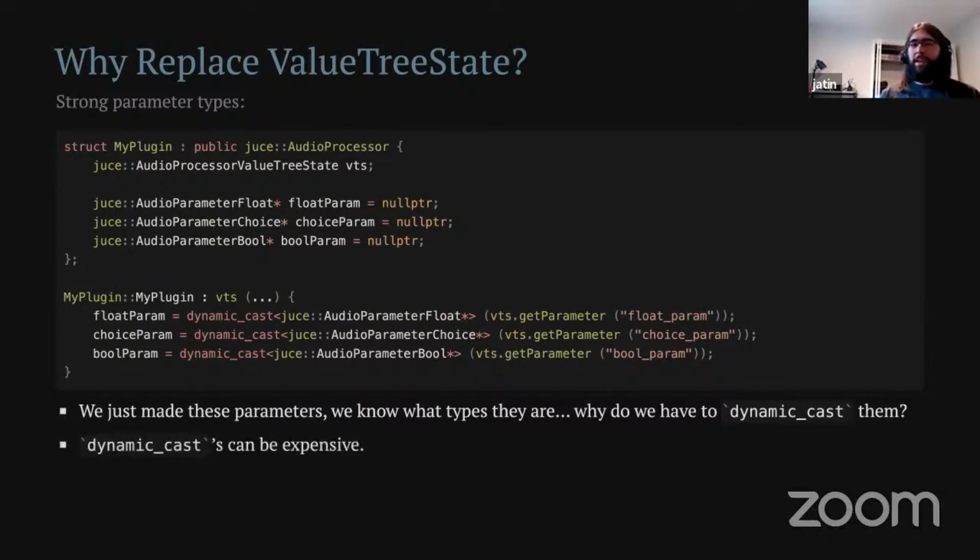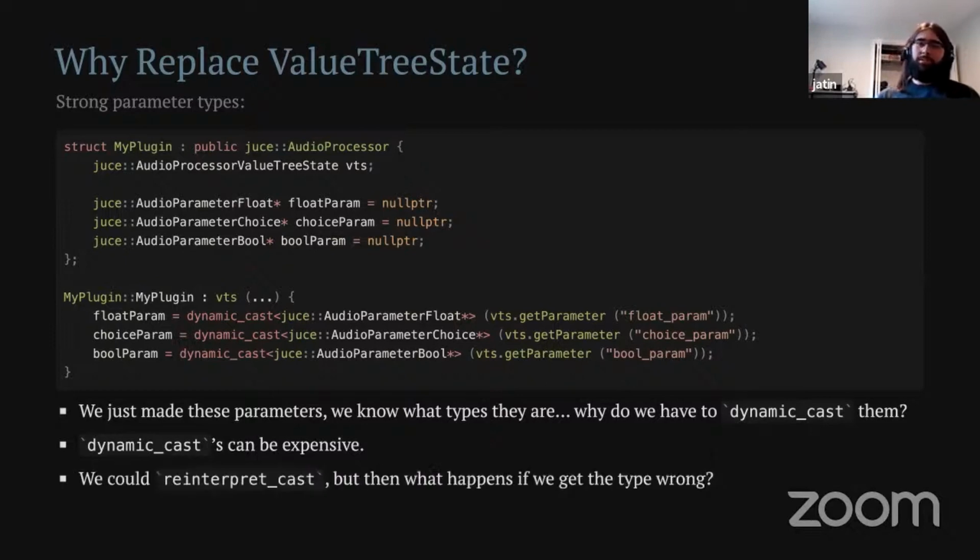So that's a little bit annoying. And then the annoyance gets compounded just because dynamic casts can be a bit expensive. In a case like this, where maybe you're just doing all those dynamic casts at initialization time, it's not too bad, but it's still a little bit annoying. And then maybe you say, well, if you know what type it is, why don't you just reinterpret cast? I guess you could try that if you want, but I wouldn't recommend it, because if you dynamic cast and you get your type wrong, then you get a null pointer and it's pretty easy to debug what's going on.